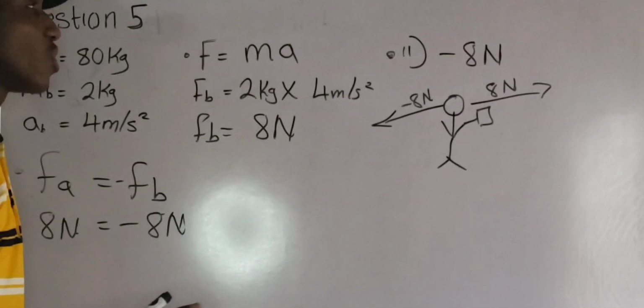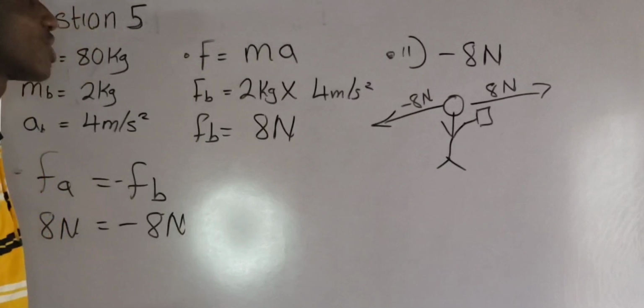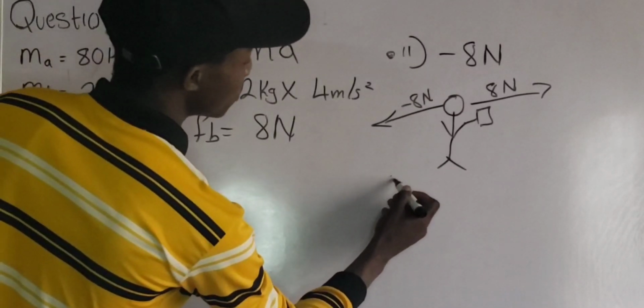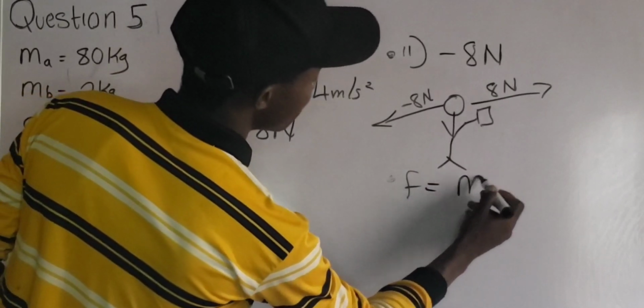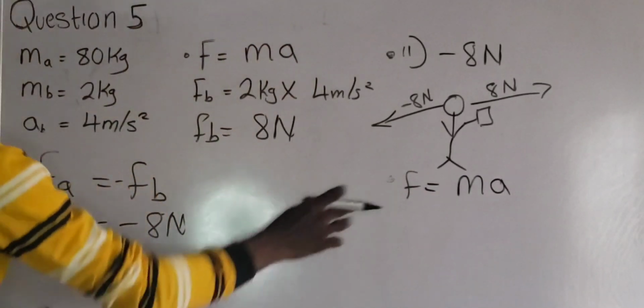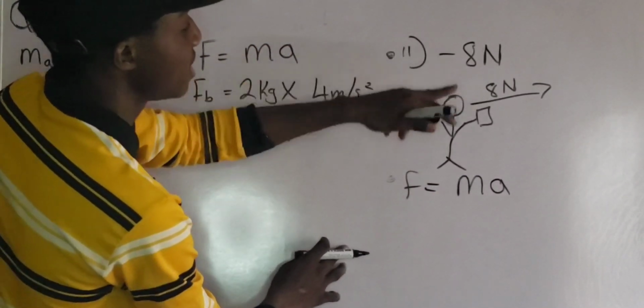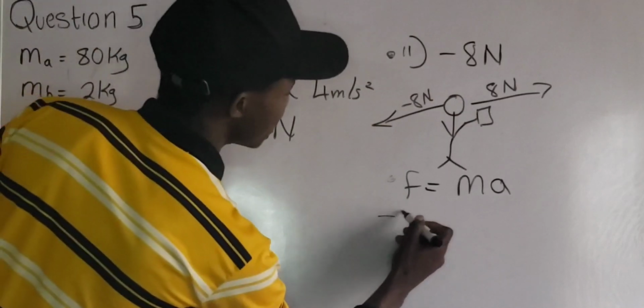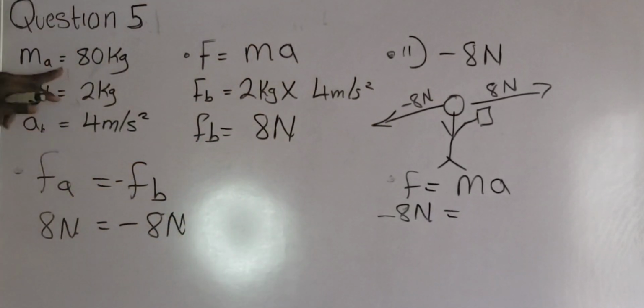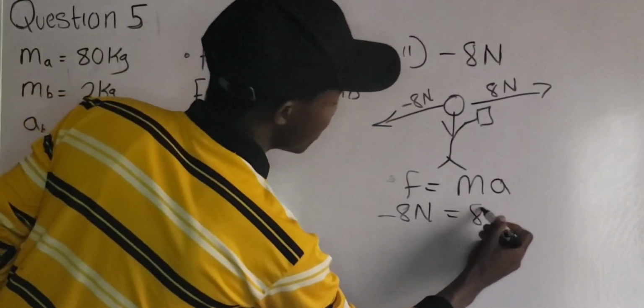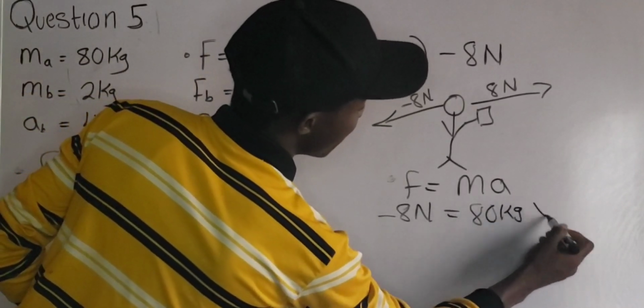Do you understand? Okay, now to determine the acceleration of the astronaut, don't forget, according to Newton's second law of motion, F is equal to ma. That is the force, and the force that we have already gotten here for the astronaut is minus 8 Newton. So minus 8 Newton is equal to the mass of the astronaut, which from the question is 80 kilograms, multiplied by the acceleration.